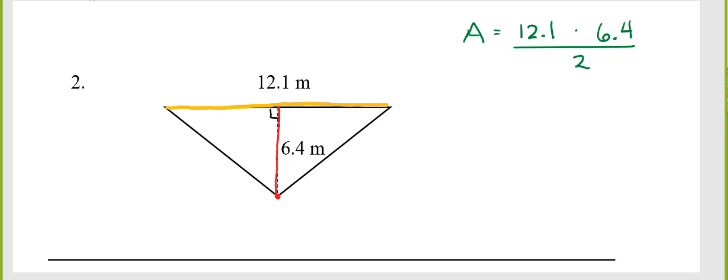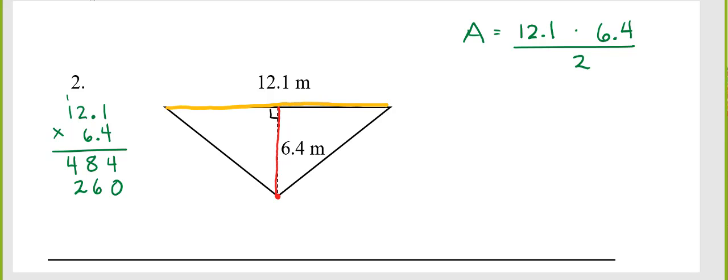All right, let's go do 12.1 times 6.4. 4 times 1 is 4. 4 times 2 is 8. 4 times 1 is 4. 0 placeholder. 6 times 1 is 6. 6 times 2 is 12.